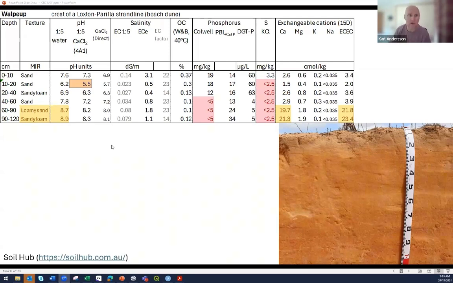The other thing I just wanted to highlight is where, in yellow down here, these values here. So the cation exchange capacity is sort of an indicator of the guts in the soil. It generally reflects how much clay and organic matter to some extent there is. It's the cations, the positively charged nutrients that are on the soil.